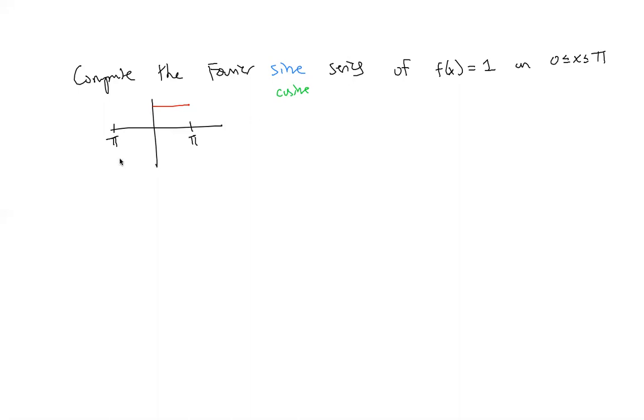Which means for us, we want to consider the extension, we'll call it f odd, defined now from negative pi to pi piecewise. It'll be the same thing it was from 0 to pi, but from negative pi to 0, we're going to make it -1. And this makes it odd. And we can do the exact same thing to do an even extension.